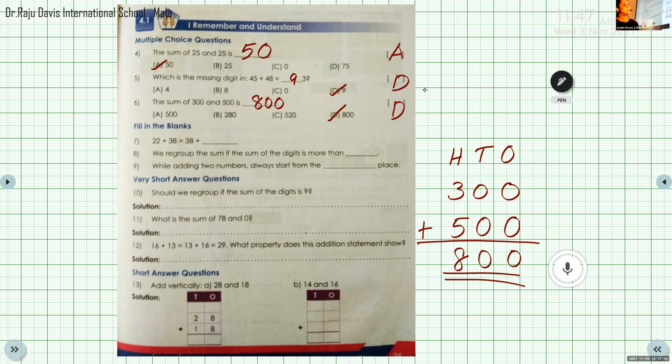It is the commutative property, isn't it? In the commutative property, we had studied that when we change the order of the numbers, the sum will be the same. So 22 plus 38 is equal to 38 plus 22. Correct answer. Very good, Sri Parvati.